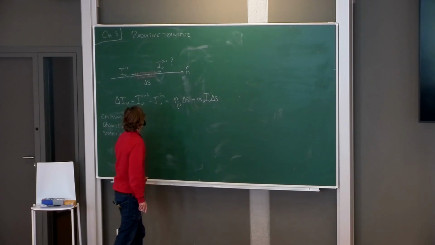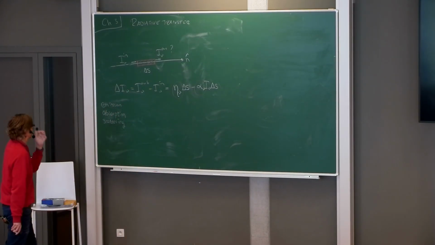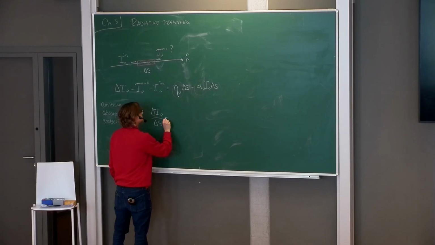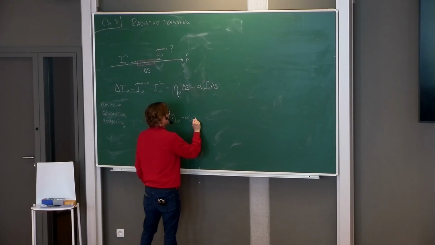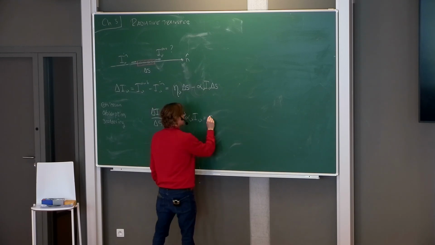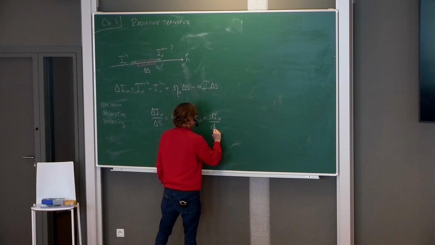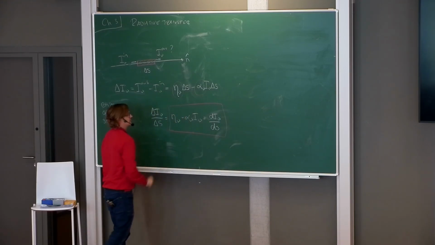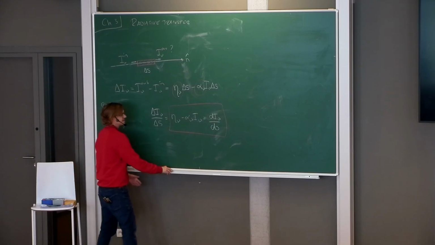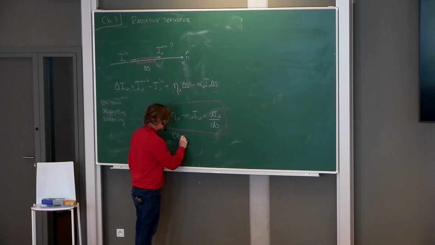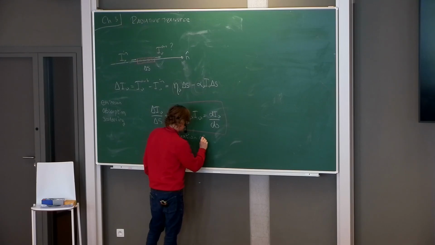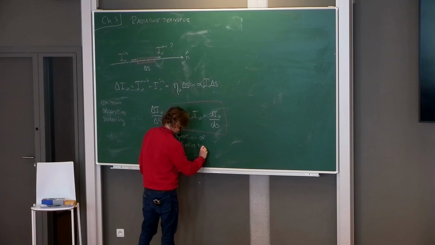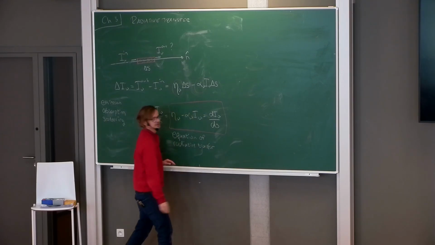Okay? So first, we can just identify this. We can rewrite it to say that delta I nu divided by delta S is eta nu minus alpha nu I nu. And if we put this now on differential form, which I did very mathematically tactically like this, okay? Then we have the basic equation of radiative transfer.